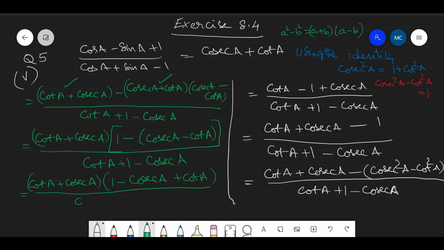It is cot A plus 1 minus cosecant A. If you observe carefully, the numerator has 1 minus cosecant A plus cot A, and the denominator has cot A plus 1 minus cosecant A. So these both are the same, so we can cancel.